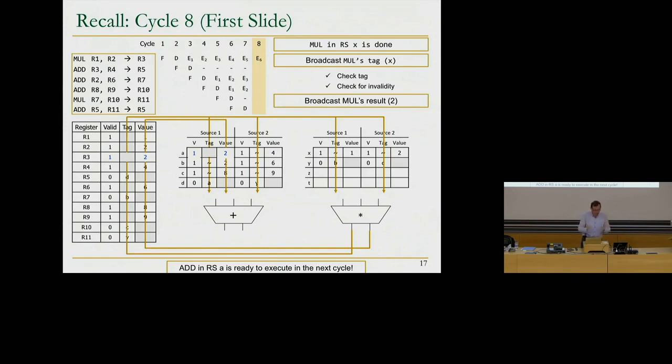If those are equal, then you know that the tag being broadcast is the thing that you're waiting for. And of course, the value you're waiting for should not be valid as well, because you may have a stale tag over here. So basically, it's a lot of comparators. You have a lot of comparators here, here, here, here, here.